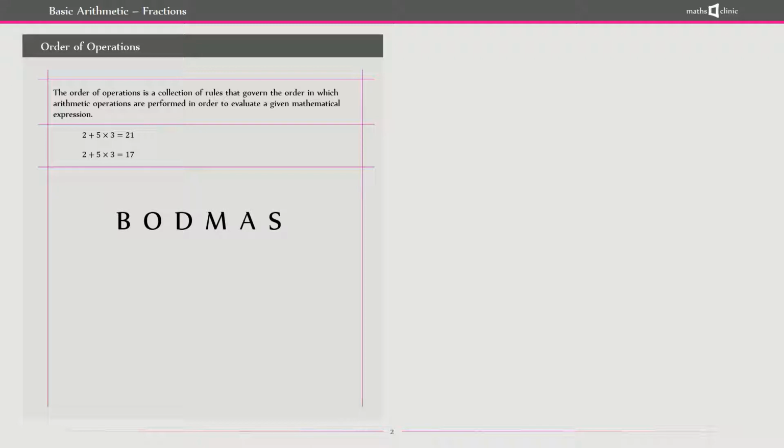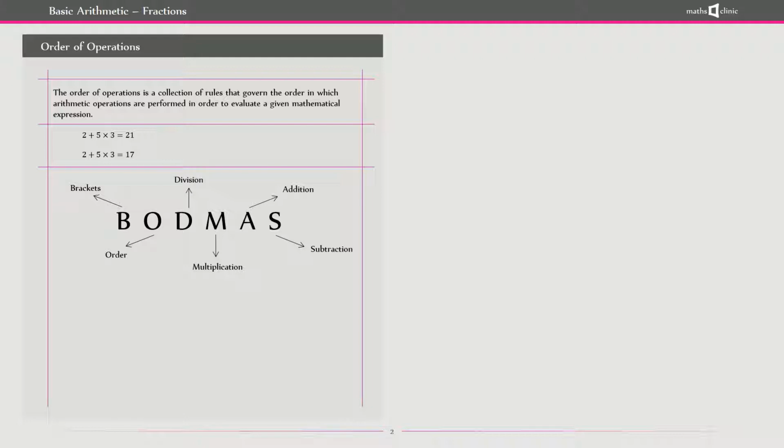BODMAS, BODMAS. So what is BODMAS? BODMAS stands for brackets, order, division, multiplication, addition, and subtraction. It basically just tells you the order in which you perform mathematical operations.